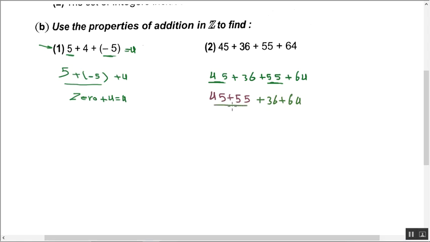The result: 5 plus 5 equals 10, 0 carry 1, 1 plus 4 equals 5, 5 plus 5 equals 10. So the result here equals 100. Plus 4 plus 6 equals 10, 0 carry 1, 1 plus 3 equals 4, 4 plus 6 equals 10. So the result here equals 100 also. 100 plus 100 equals 200.